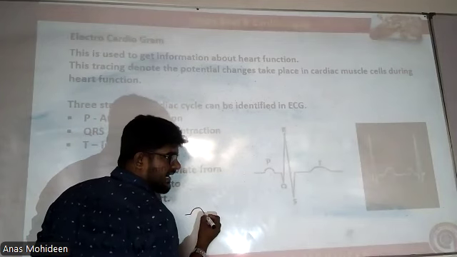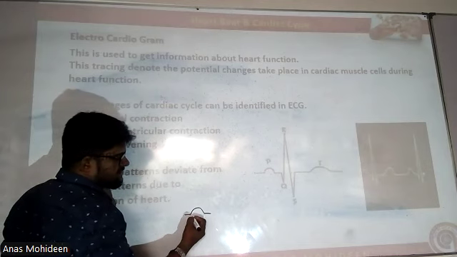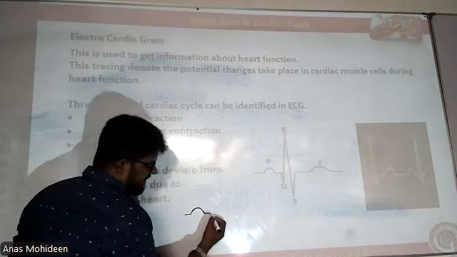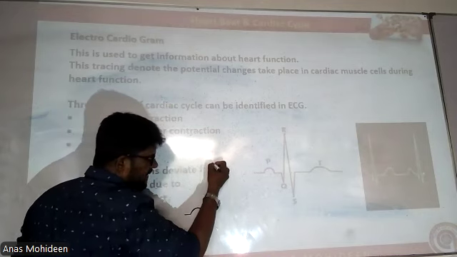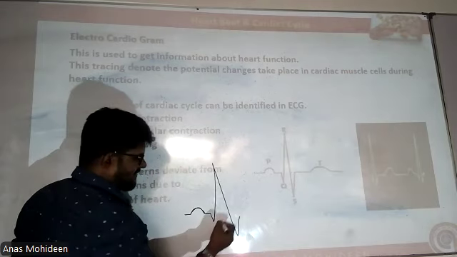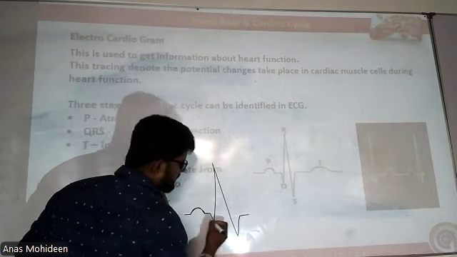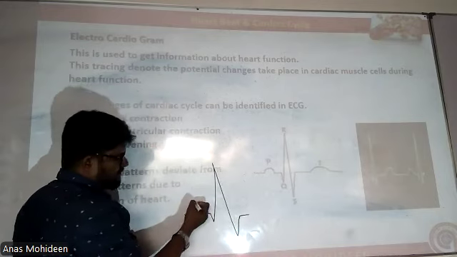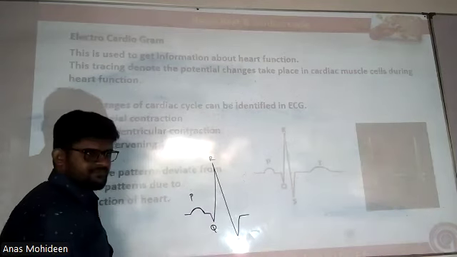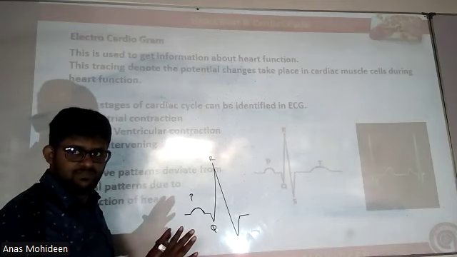What is that? It is the first stage. What is the first stage? Diastole. And then it should come down, moving up in this way. It is PQRS. So it's P here, Q, R, S. When the ECG is taken on your heart, if an alarm sound comes, that means it's a big problem.